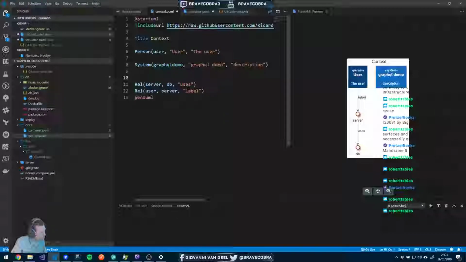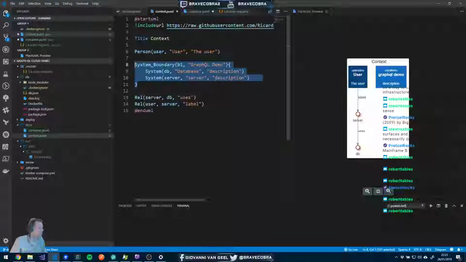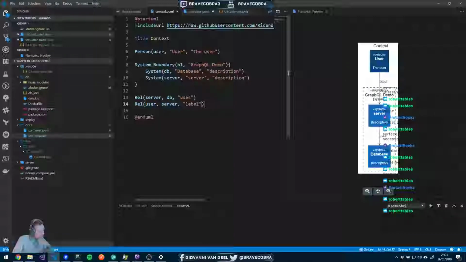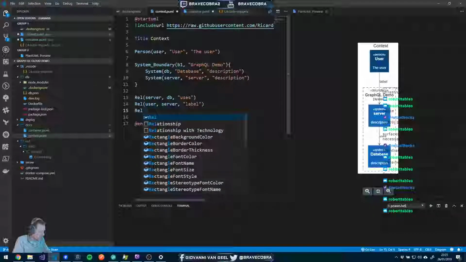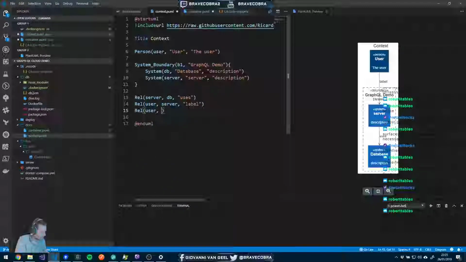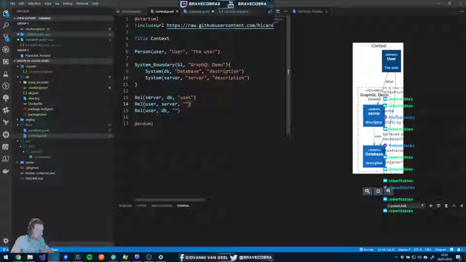So we expose them both, right? We do expose them both. Which means that we have a relationship between the user and the database, right? And then we end up with something like this.